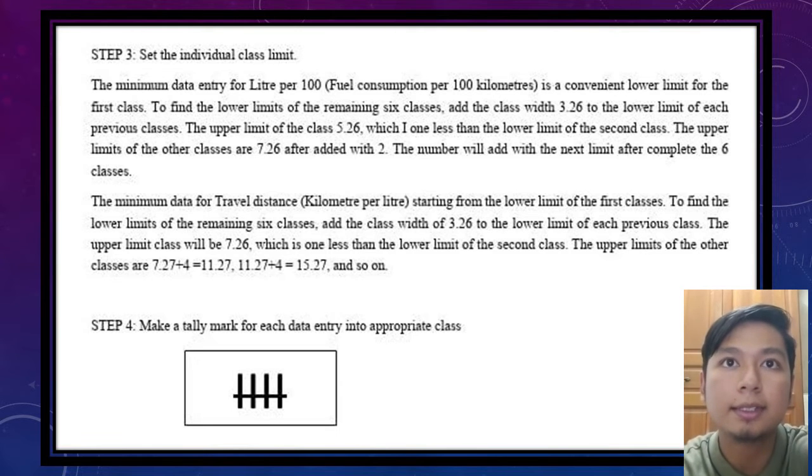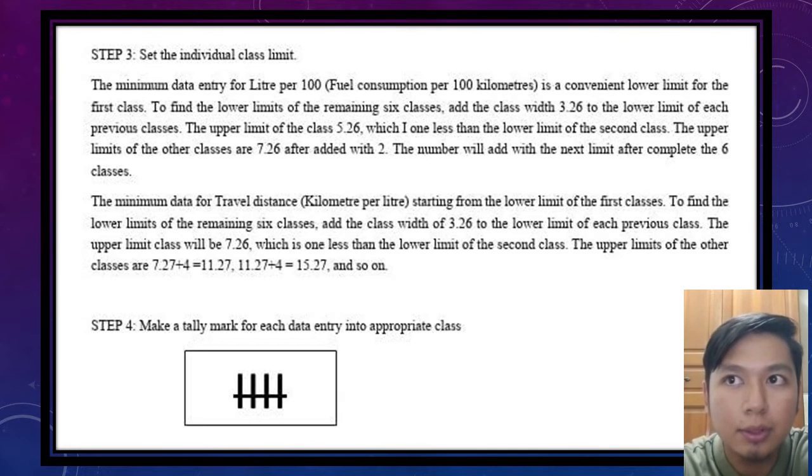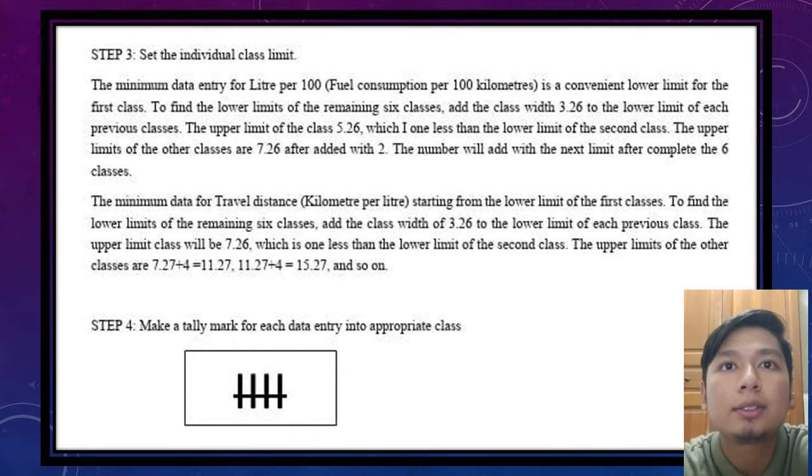Okay, the third step is we want to set the individual class limits. This third step was one of the challenges to do. The minimum data entry for liter per 100 is a convenient lower limit for the first class. To find the lower limit of the remaining 6 classes, add the class interval to the lower limit of each previous class.